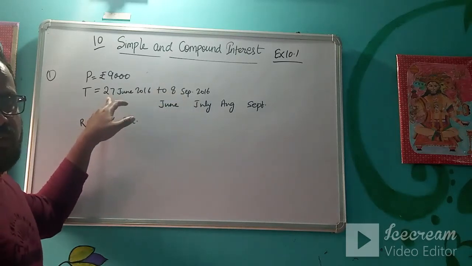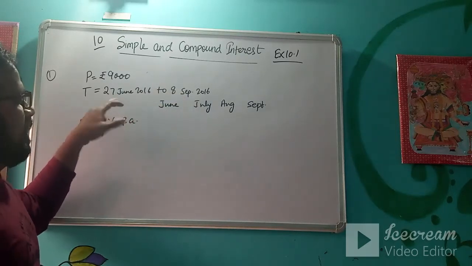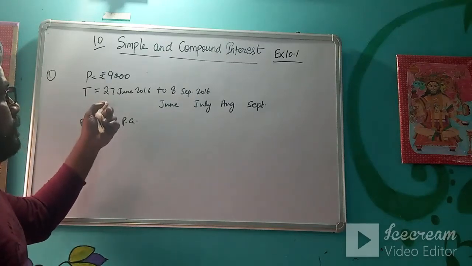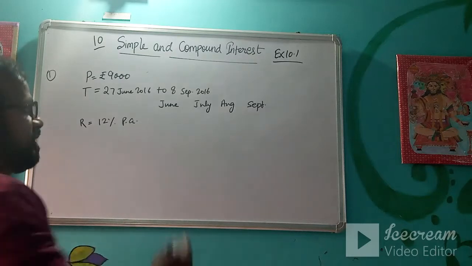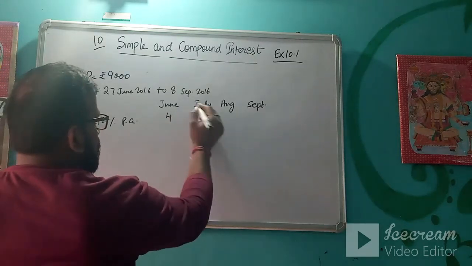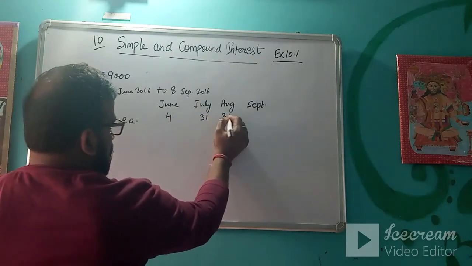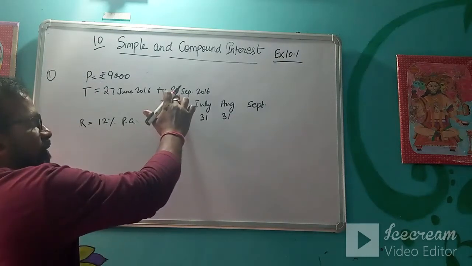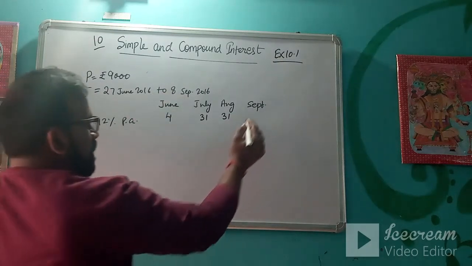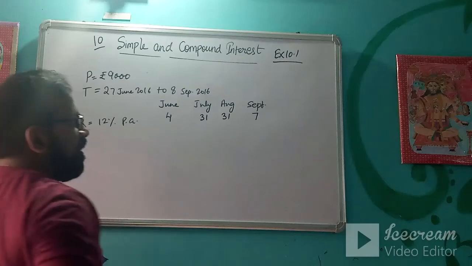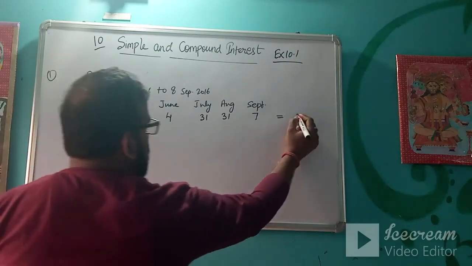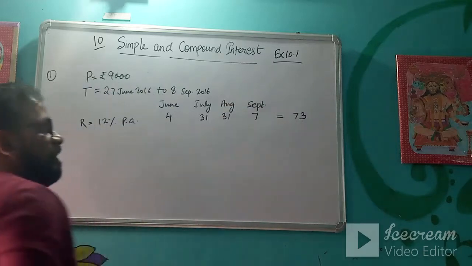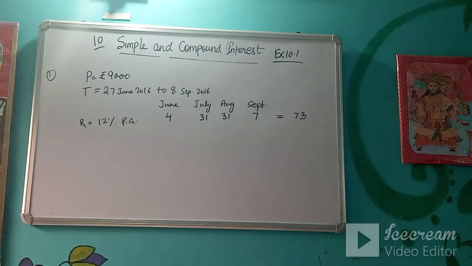Suppose you take the starting date into consideration, then in June it will be 27, 28, 29, 30, so 4 days. July contains 31, August contains 31, and now we will take 7 days in September. So that makes a total of 73.